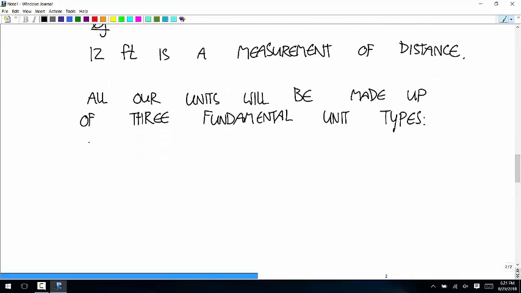And those are distance or length, time, length, time, and mass.